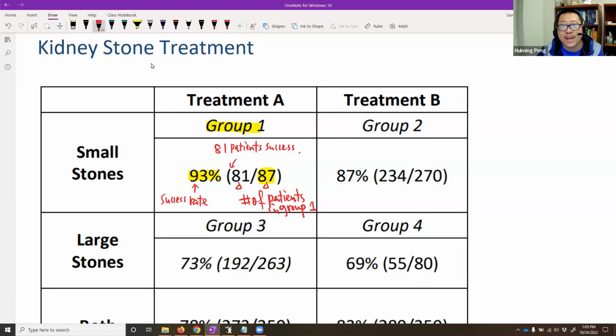And now, can anyone tell me what this means? What does group 2 mean? What does the 234 mean? What is 270? What does the 87% mean? Can you guess what this number means now? Anyone?